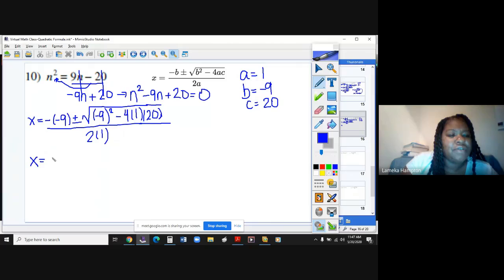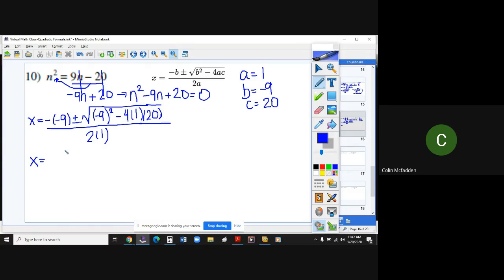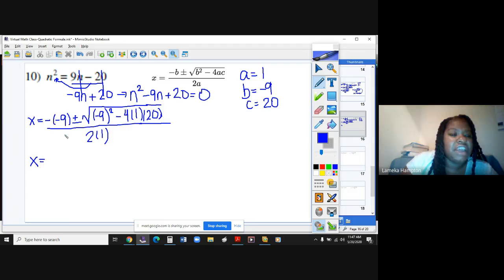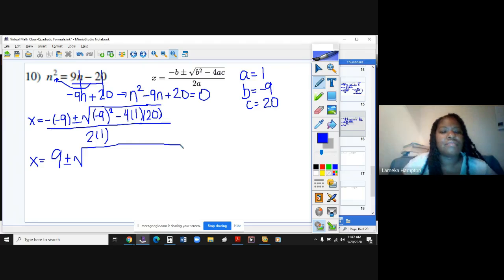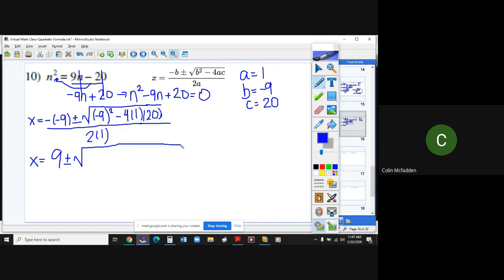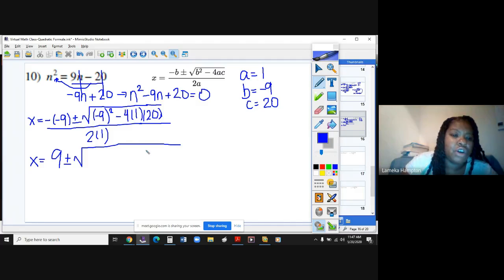Negative times a negative gives me a positive. So that means this negative -9 is now a positive 9. Okay? What is negative 9 times negative 9? Negative 81? Negative 81. Wonderful.